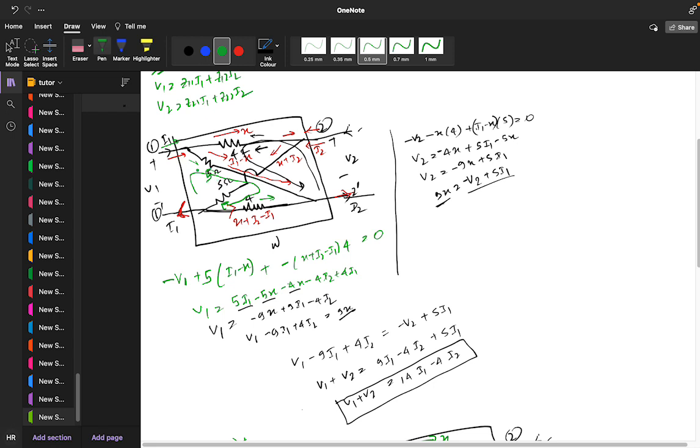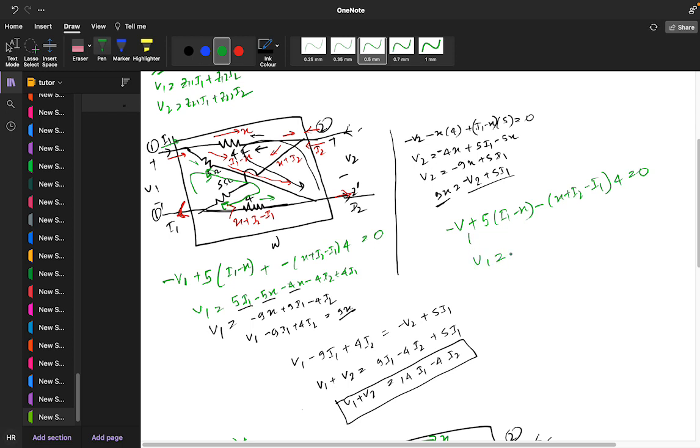So if we form the KVL equation, what we get is minus V1 plus 5 (I1 minus X), and this we took minus X plus I2, minus I1, into 4 is equal to 0.